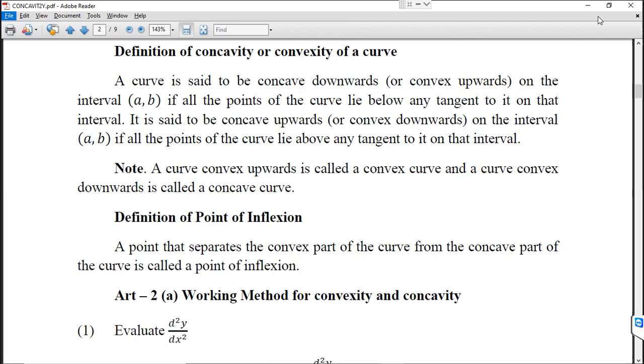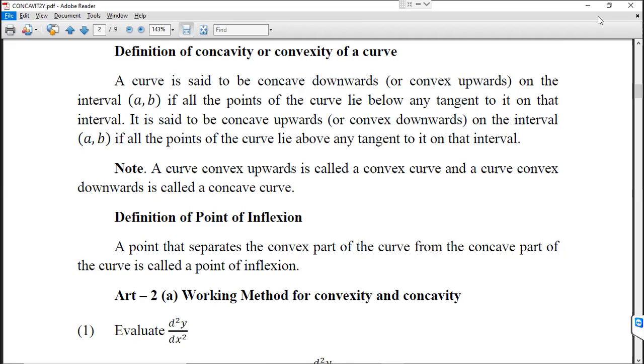And it is said to be concave upwards or convex downwards on the interval (a, b) if all the points of the curve lie above any tangent to it on that interval.